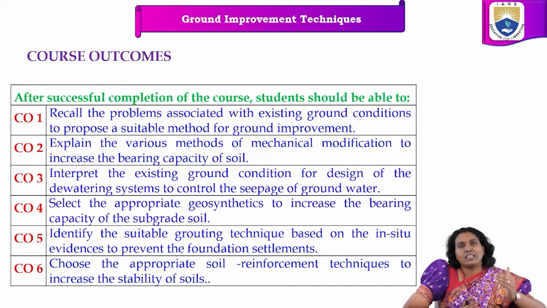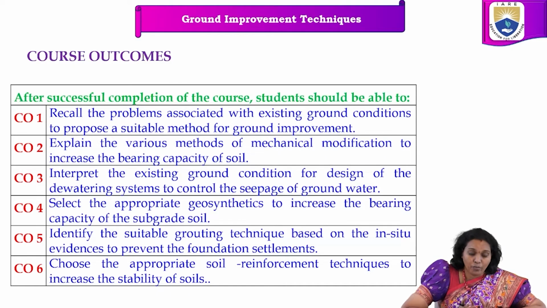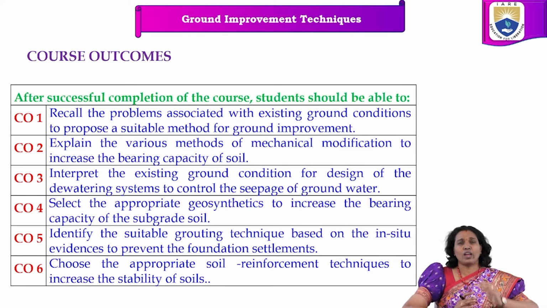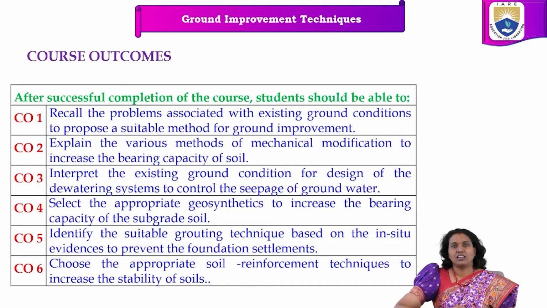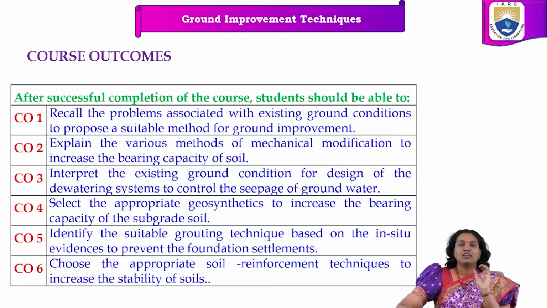Based on all these methods and understanding various conditions, now we have to select appropriate geosynthetics to increase the bearing capacity of the subgrade soil. So we have different kinds of soil layers. In that, for which condition, what type of method is appropriate for that upgradation or to increase the parameters, properties of the soil.